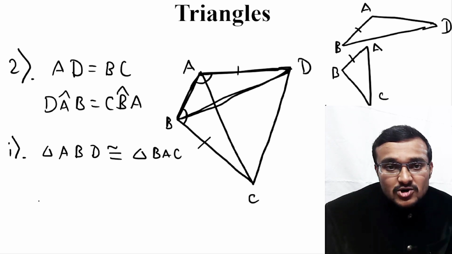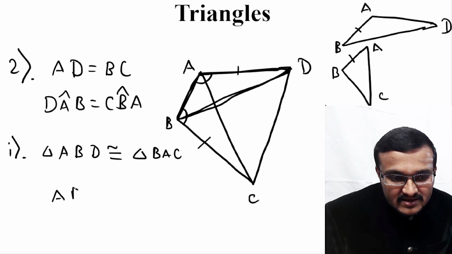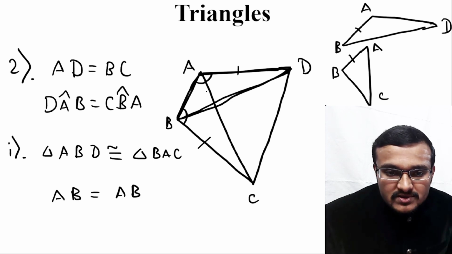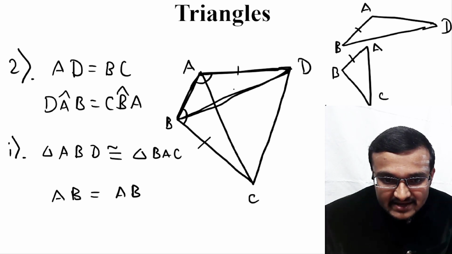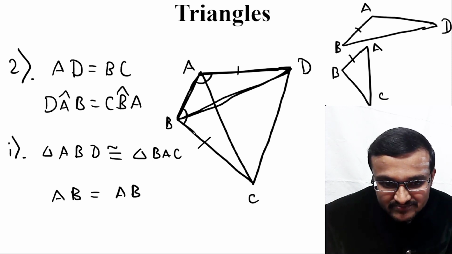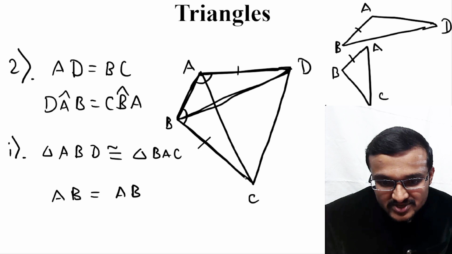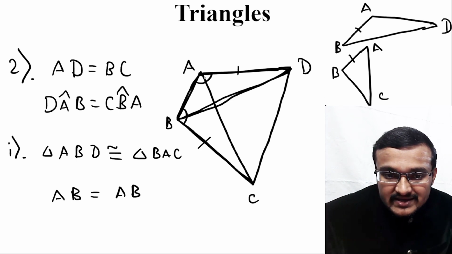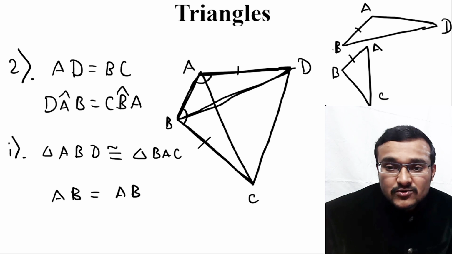So since AB is a common side, AB is equal to AB. Now in the same diagram, you can see that this particular side BC and this particular side AD are equal with each other.